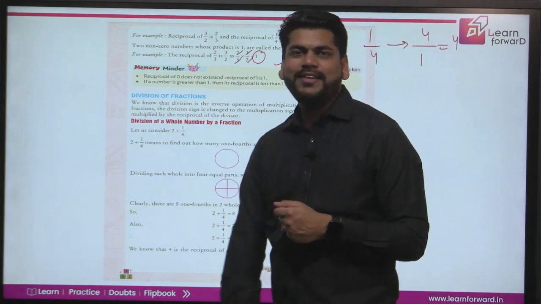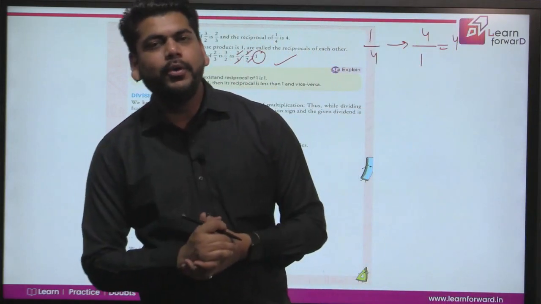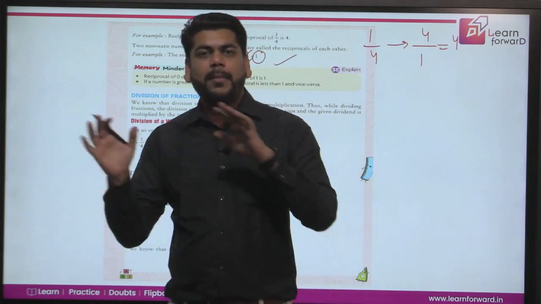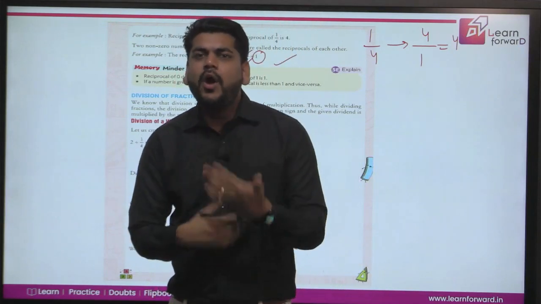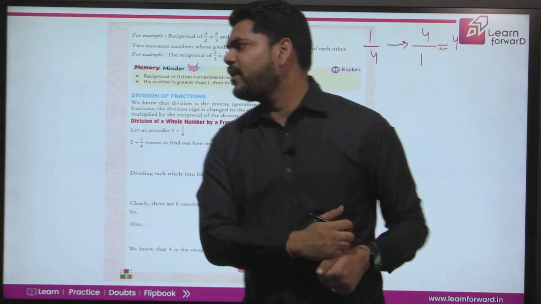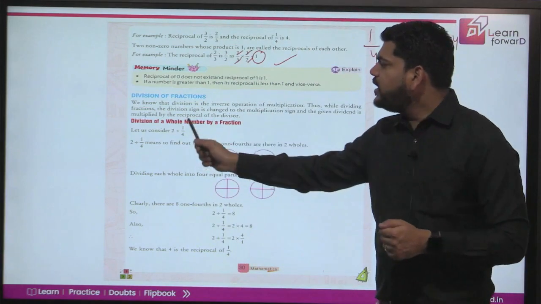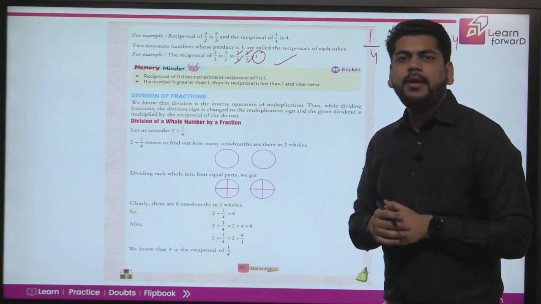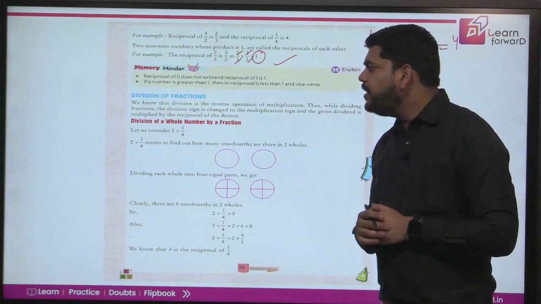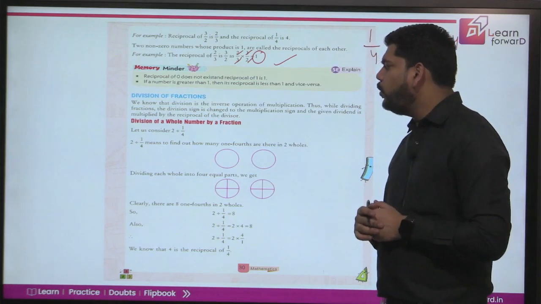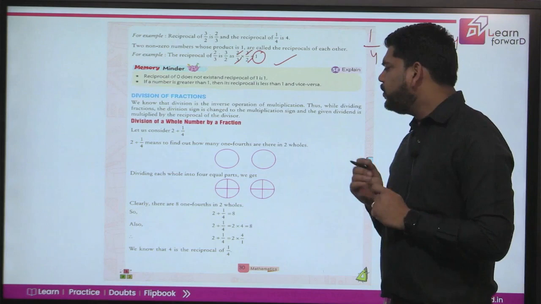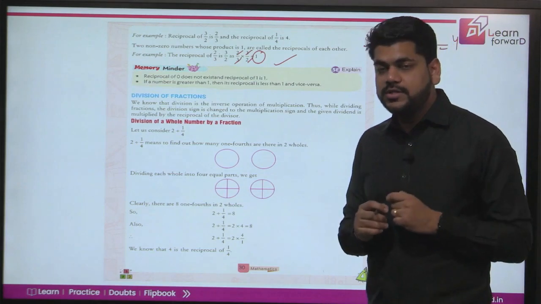Division of fractions. Now this is another concept that we'll be doing. Today we have learned about the multiplication of fractions. Now we'll be dividing fractions. Let us consider 2 divided by 1 by 4. 2 divided by 1 by 4 means finding how many 1/4s are there in 2 wholes, right?